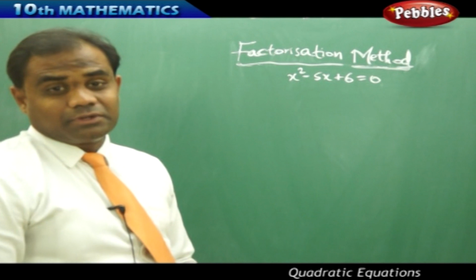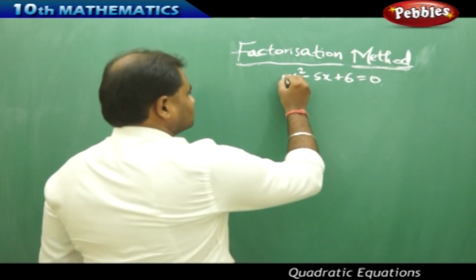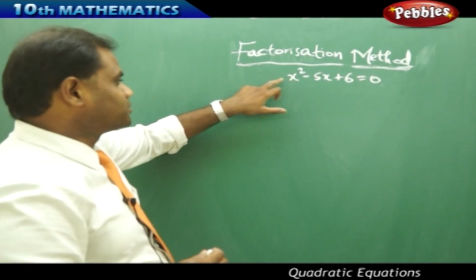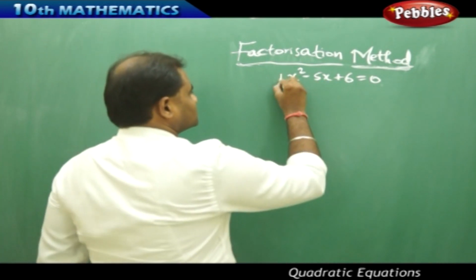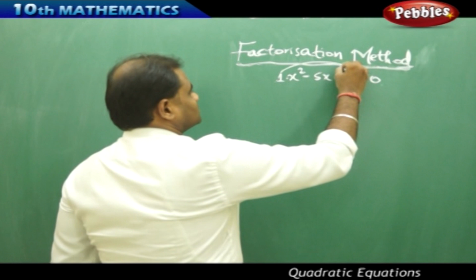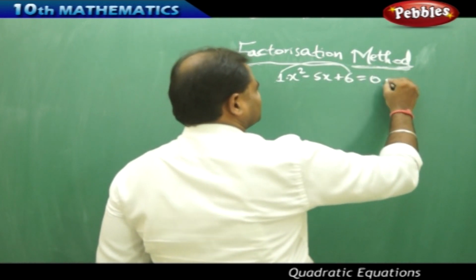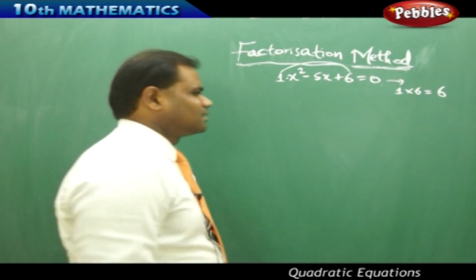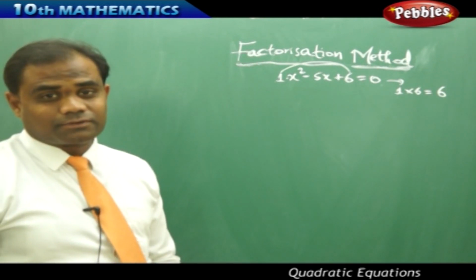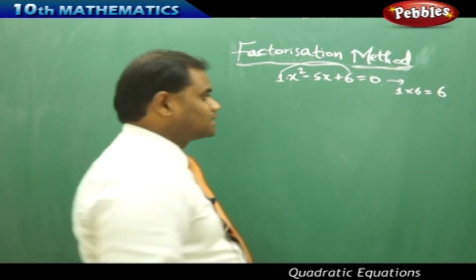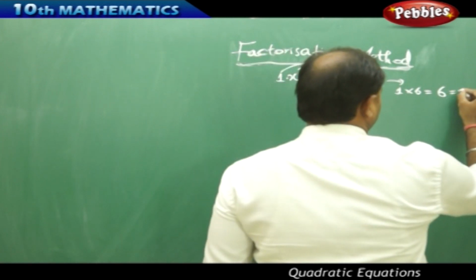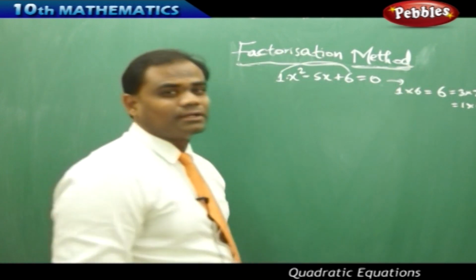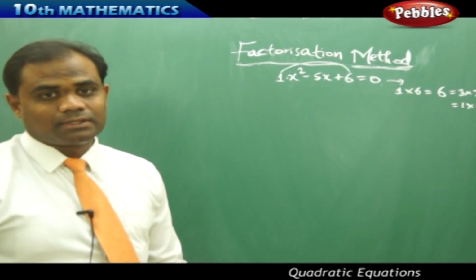As we know, the factors are obtained from the multiplication of the coefficient of x squared with the constant. When I take this with this, I get 1 into 6, which is 6. Then I find all the possible factors of 6. The factors are 3 times 2 and 1 times 6.